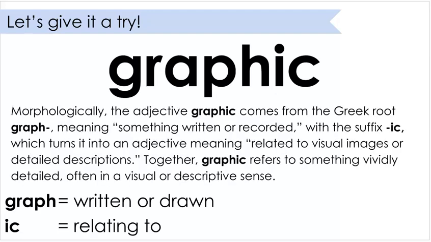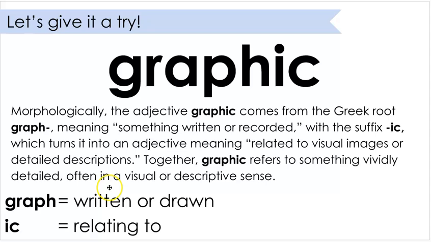Morphologically, the adjective graphic comes from the Greek root graph, meaning something written or recorded, with the suffix ik, which turns it into an adjective, meaning relating to visual images or detailed descriptions. Together, graphic refers to something vividly detailed, often in a visual or descriptive sense. You might read graphic novels.